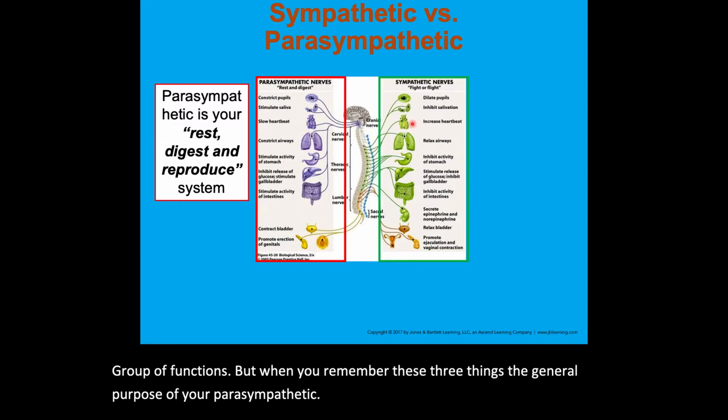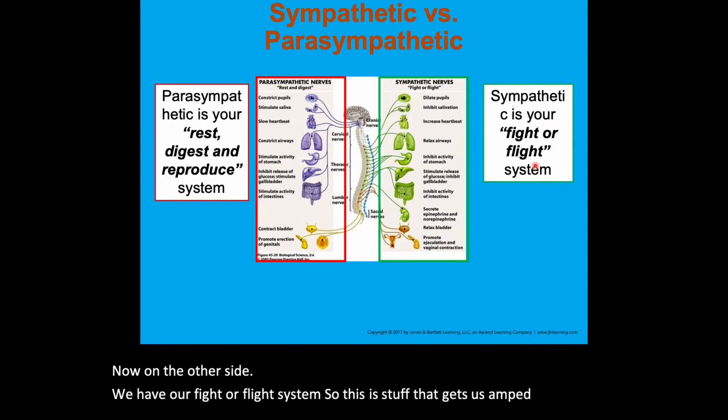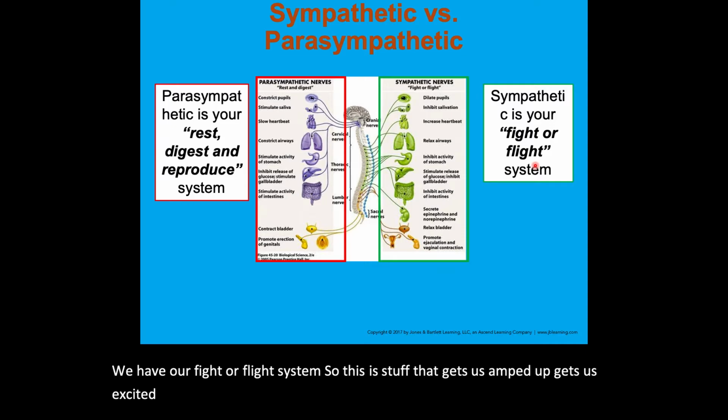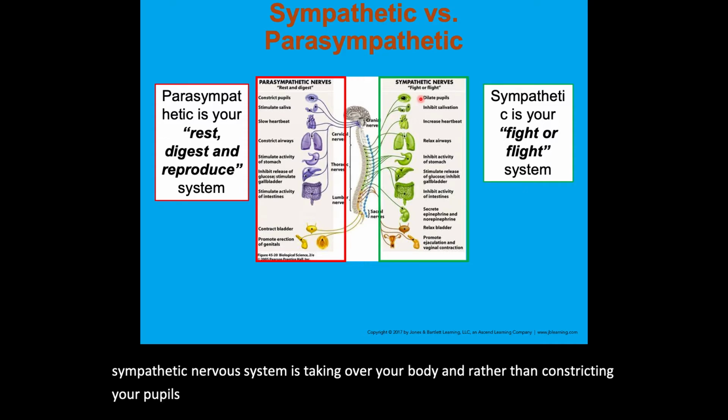Now, on the other side, we have our fight or flight system. So this is stuff that gets us amped up, gets us excited. Maybe when you are feeling anxious or you're excited for something, your sympathetic nervous system is taking over your body. And rather than constricting, your pupils dilate. Your eyes get wide because you want to take in the world because you're stimulated.